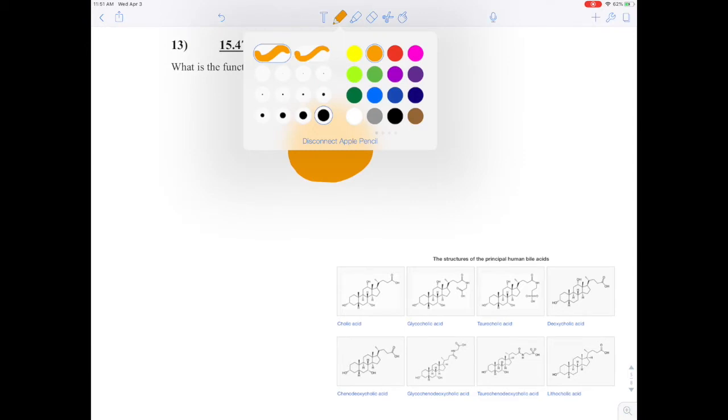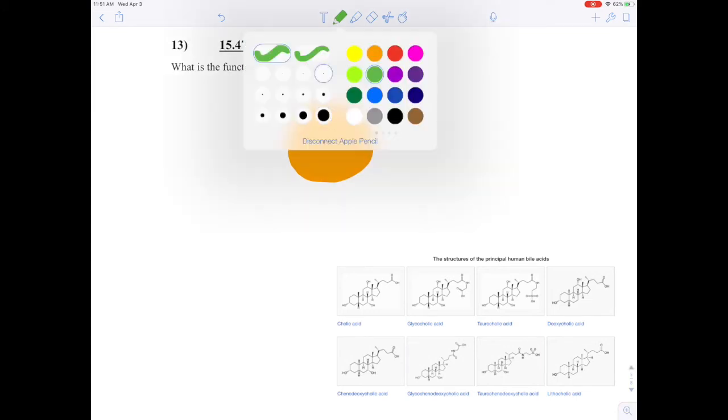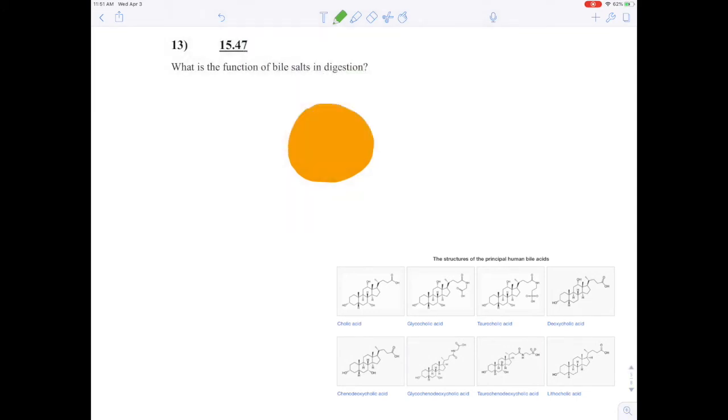Well, it can only start to digest the parts that are exposed. So in green here, I'm gonna do the little Pac-Man that are gonna eat this away. So you can have one eating it here, another eating it here, another, and these would all be little proteins that would digest fat in your stomach.